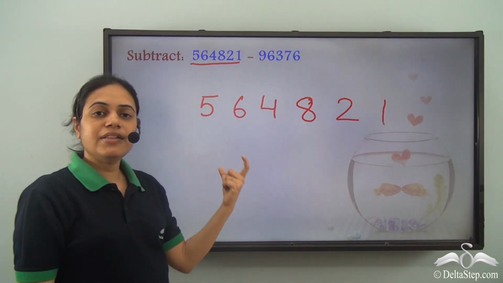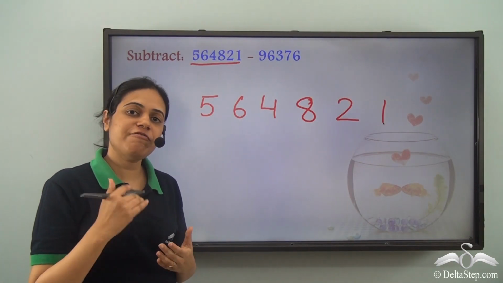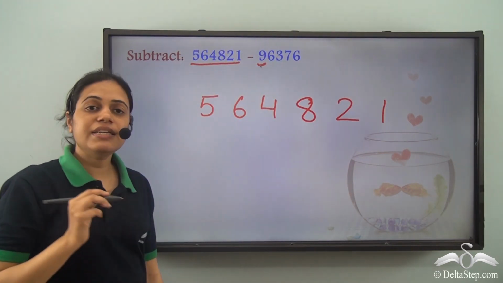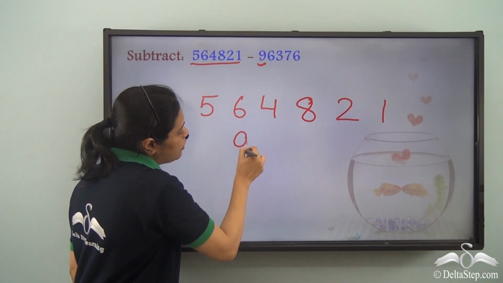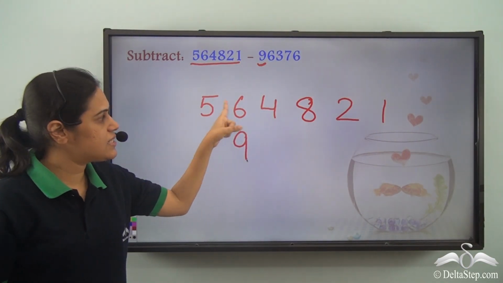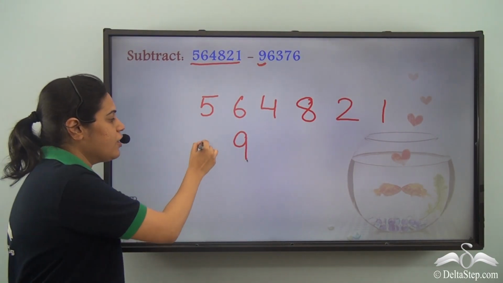Now when I write the numbers one below the other, I need to write the respective places one below the other. 9 is in the 10,000s place. So I need to write 9 below 6. Because in this number, this 6 is in the 10,000s place. I cannot write 9 over here.